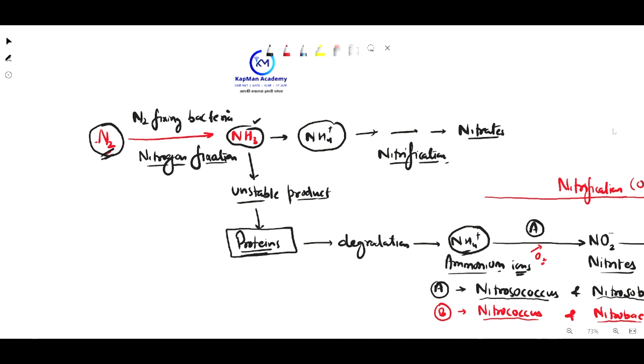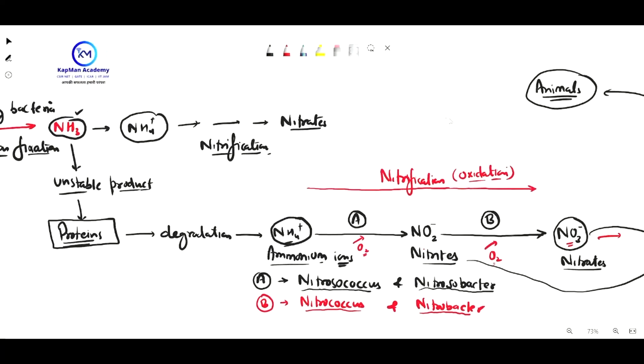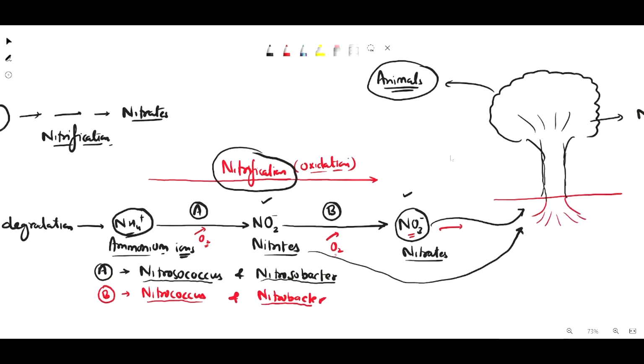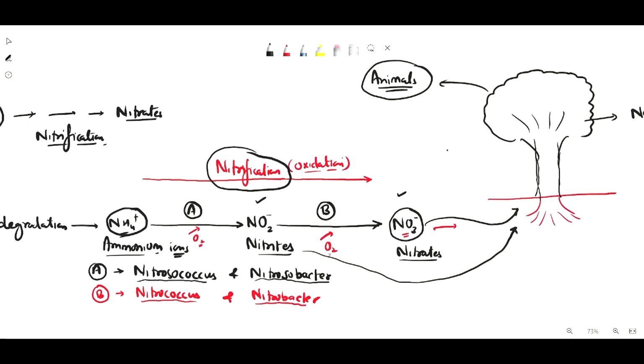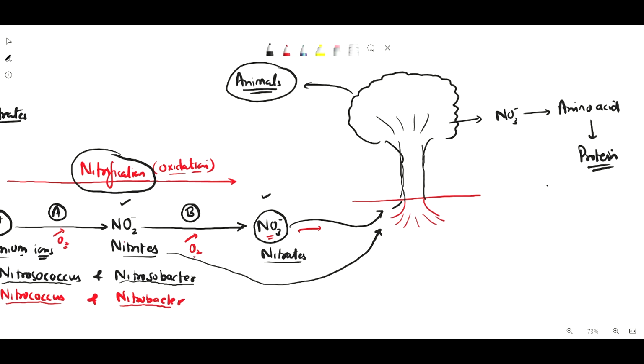After the degradation or death of bacteria, these proteins will be converted into NH4, and this NH4 will be converted into nitrites and nitrates through the process of nitrification. When nitrates are present in the soil, they can be absorbed by the plants and then again incorporated into proteins. These proteins can be taken by animals or directly by humans.